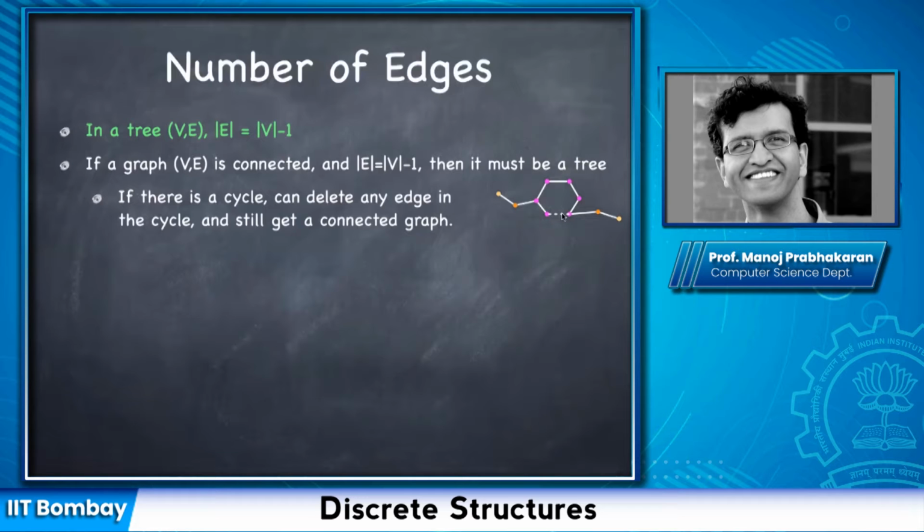So why is that? The graph originally is connected, so between any pair of nodes you can find a path, but some of these paths might be passing through this edge that I'm going to delete. Still, I'm claiming that this graph would be connected, because you can go around this cycle, and so after you come here, instead of taking this edge, you go around the cycle and come to the other point and continue with your path.